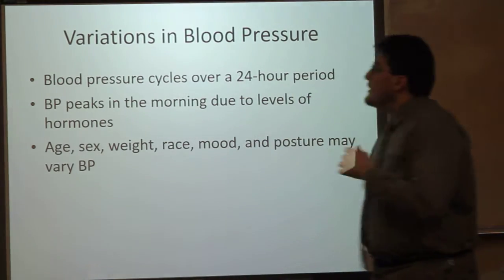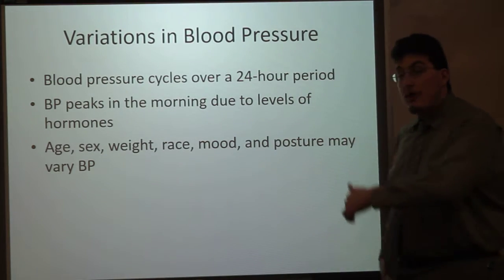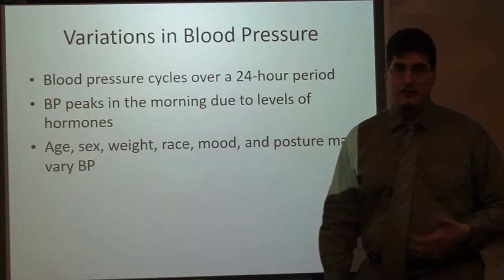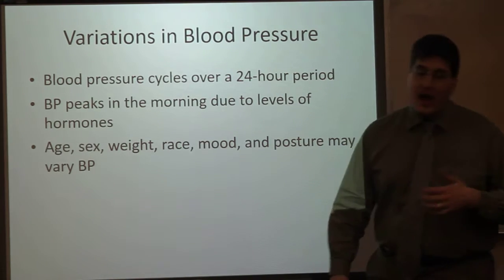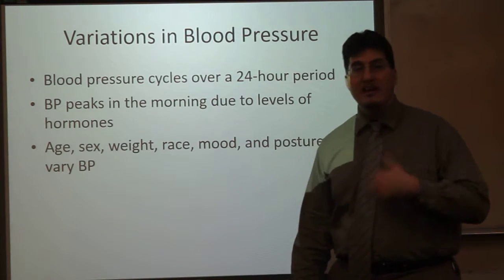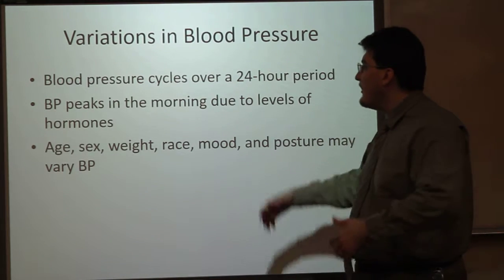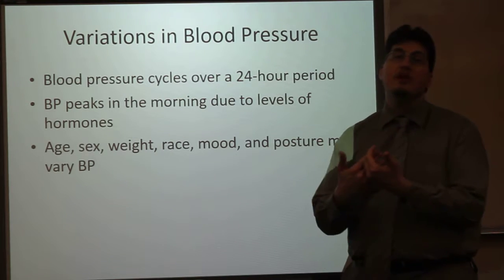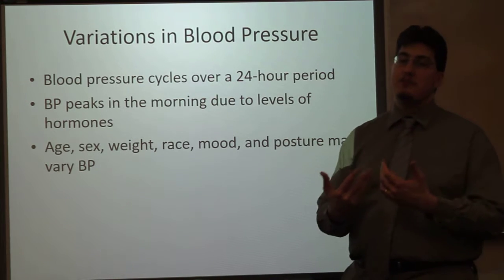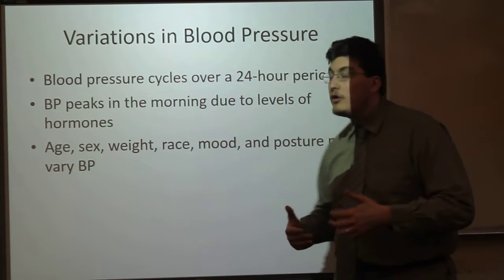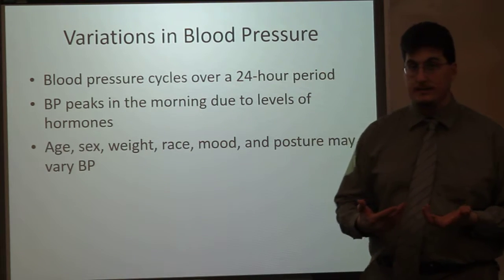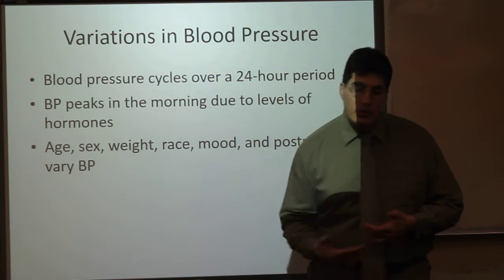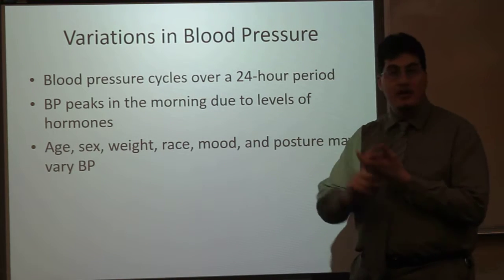Now, blood pressure variations. Throughout a 24-hour day, blood pressure is different from 120 over 80. Your highest blood pressure is going to be when you wake up in the morning, because your adrenal glands are going to release cortisol, which is going to raise your blood pressure. Without cortisol, you're not going to wake up in the morning. Other things that will affect your blood pressure will be your age.